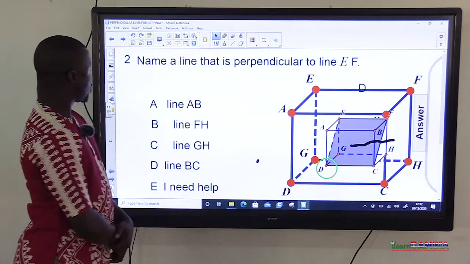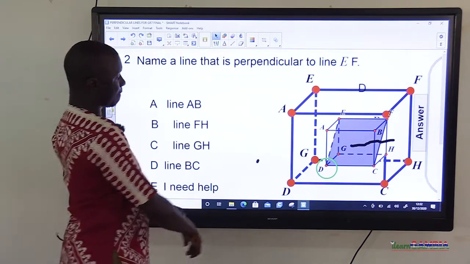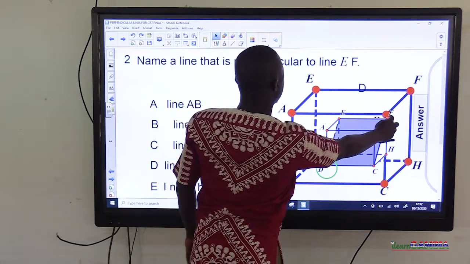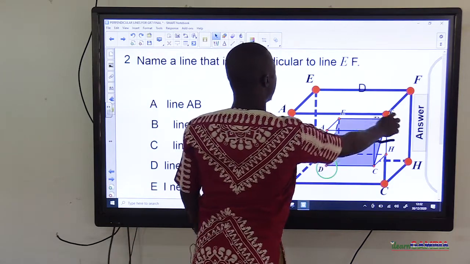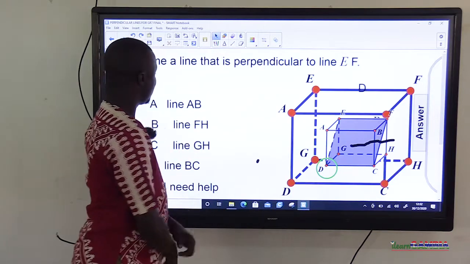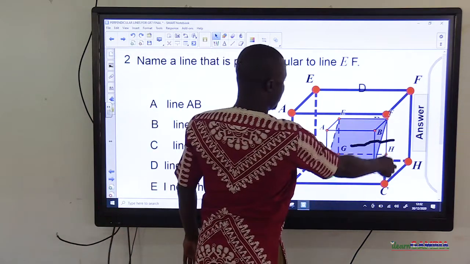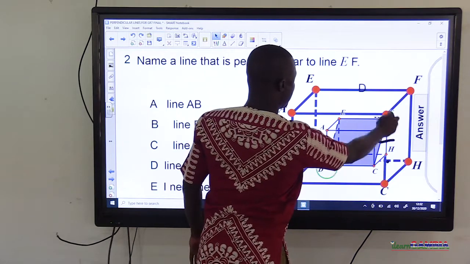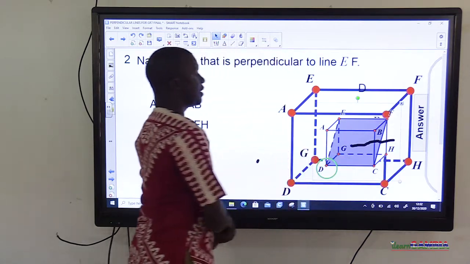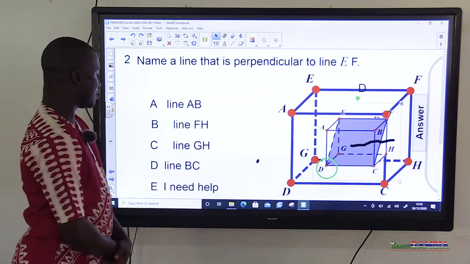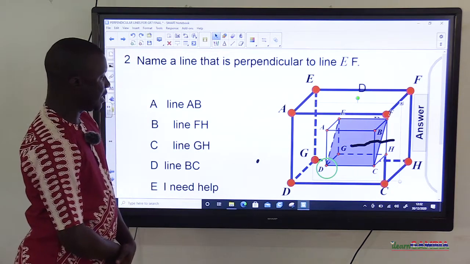Okay? Option A says line AB, AB here, which is not perpendicular. Line FH, if H is there, is HF perpendicular to line EF? No, because they did not have any point of intersection.